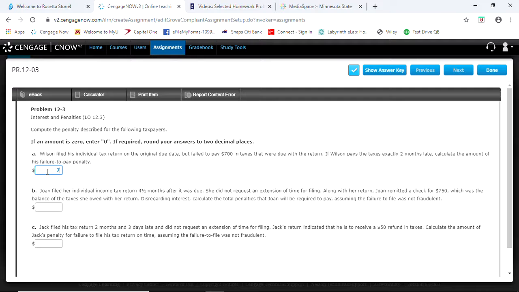So again, looking on page 12-12 of your textbook, this problem that we're going to work is pretty much the same as that example on page 12-12. We're just going to be using different numbers, but the whole setup for how they found the answer, just replaced with the number of months and the amount of tax that was due with the return, is how we're going to do this problem.